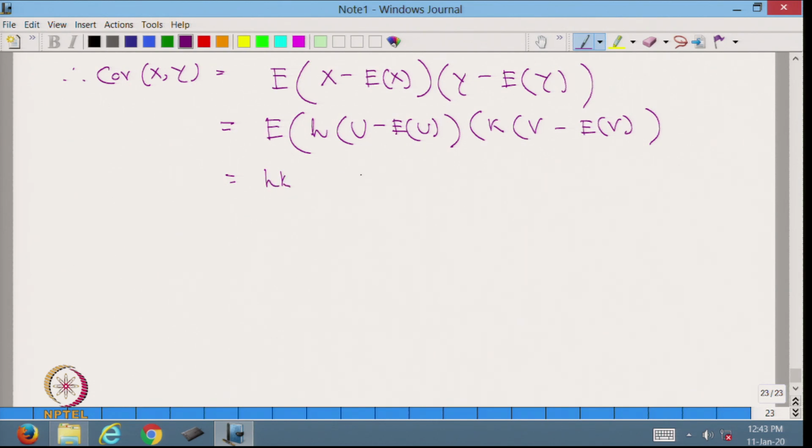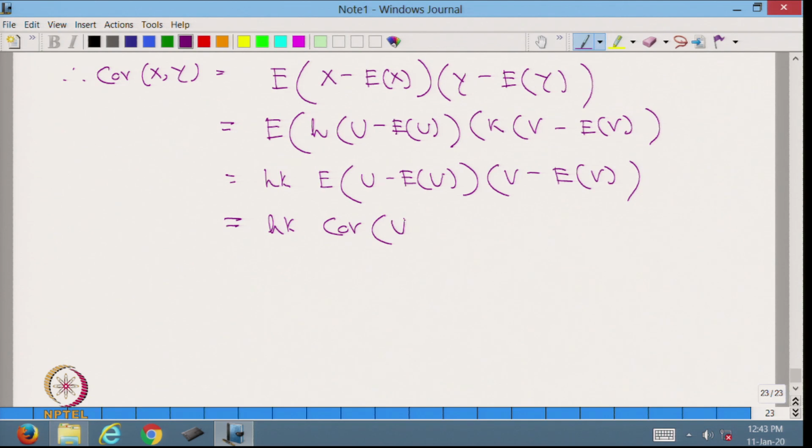If we take out h k, then it is going to be expected value of u minus expected value of u into v minus expected value of v, which is equal to h k into covariance between u comma v.